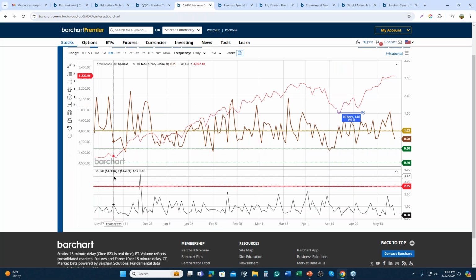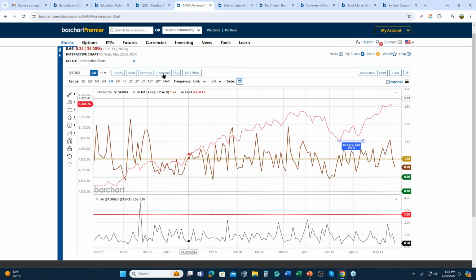So below here is a new panel, and what we're doing here is called an expression, or an FX, and you can see that it is up here.